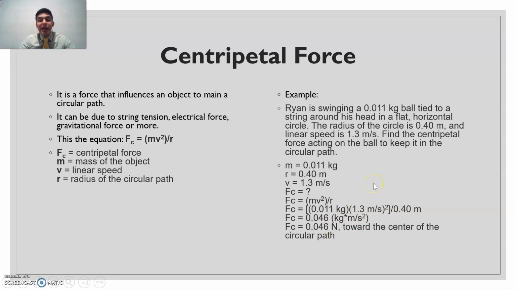So if at any time you multiply these units in that specific order, kilograms times meters per second squared, then you are going to have, as a result, newtons. And of course, what is our numerical value? It will be 0.046 newtons toward the center of the circular path. It's another important thing to keep track of in your list of formulas.